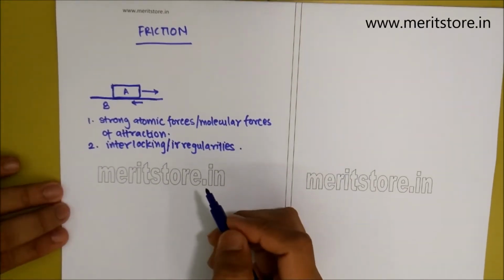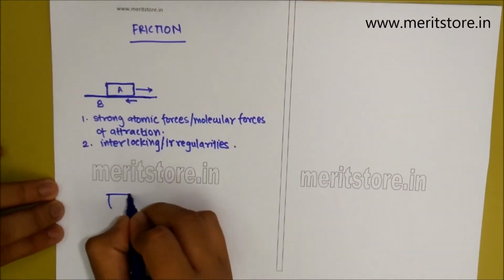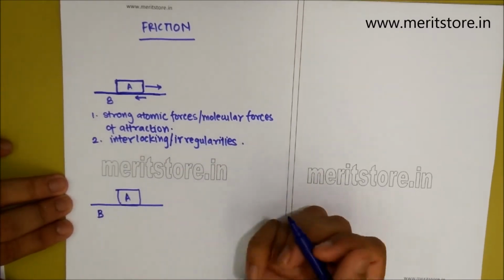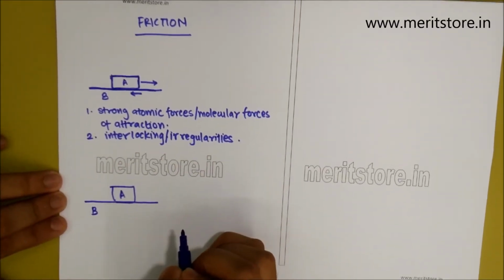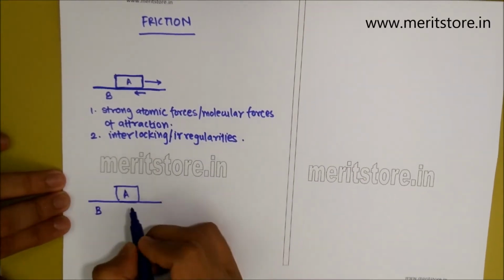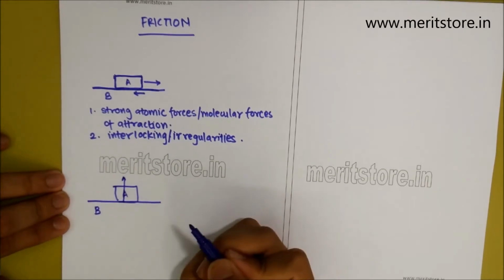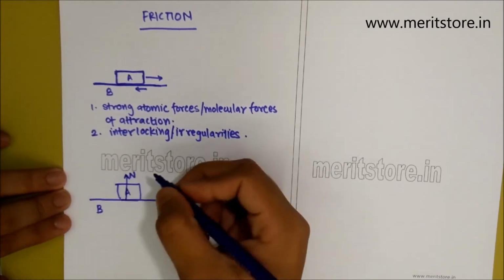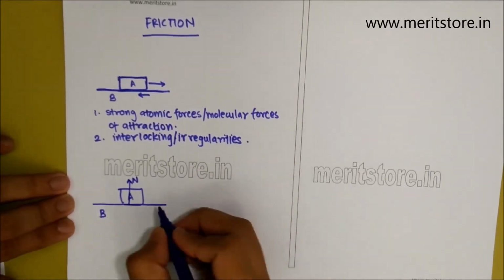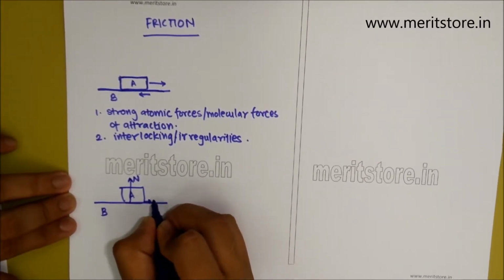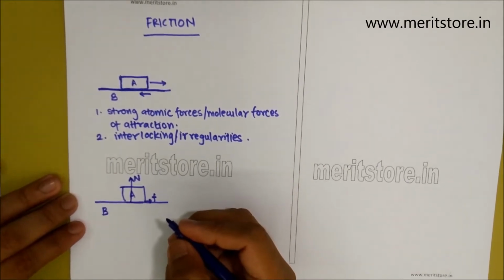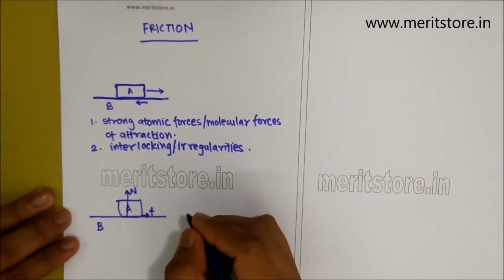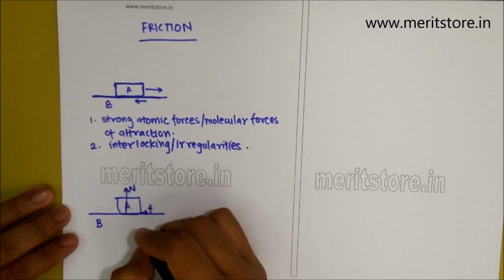So say for example, we have the same example of a body A placed on body B. This is the equilibrium state where body A is just placed on body B. Due to this, there would be a force acting normal to the surface, given by the normal reaction, and this force acts perpendicular to the surface B, and there is a force of static friction given by F, which is a self-adjusting force, and it is a limiting force, which means that this force resists the attempt to move body A over body B.